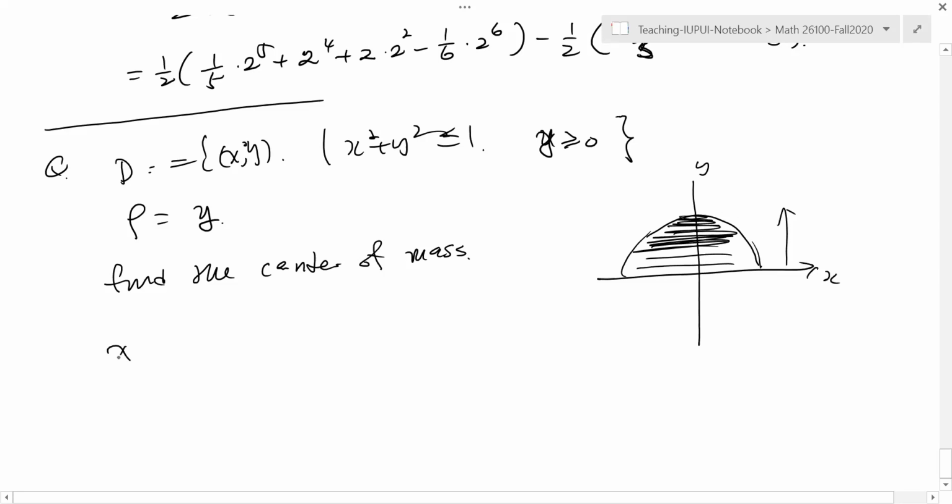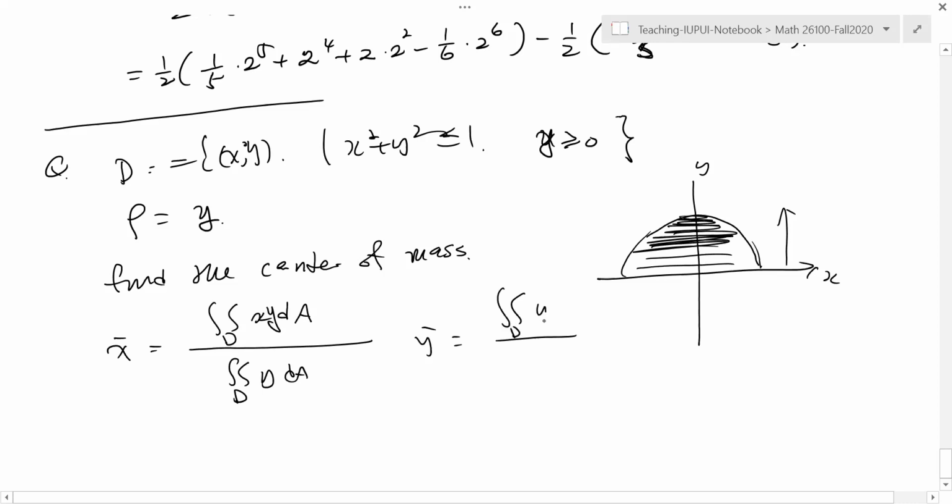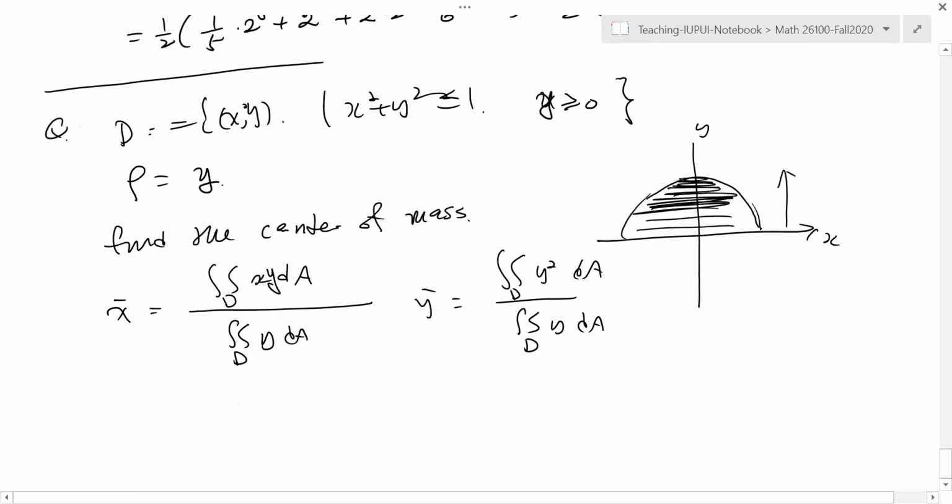Yeah, you write down the formula for the x bar, that's no problem. So this is going to be x times y, right? And y bar is y squared dA. Okay, so clearly by symmetry, x bar should be 0.